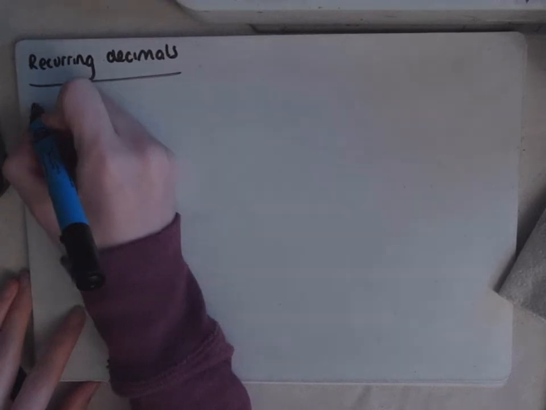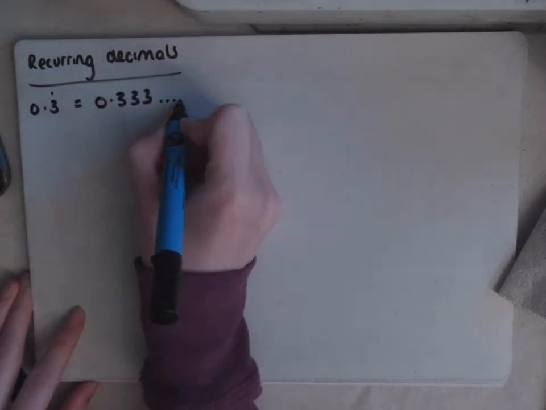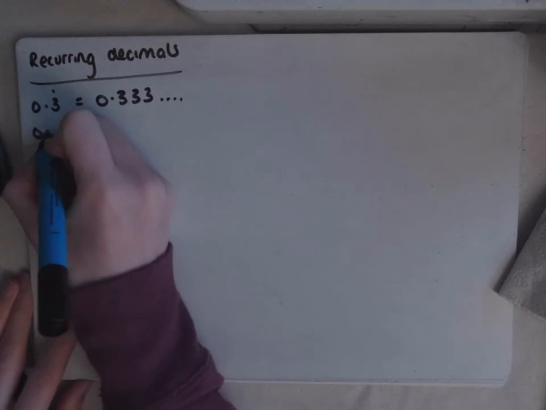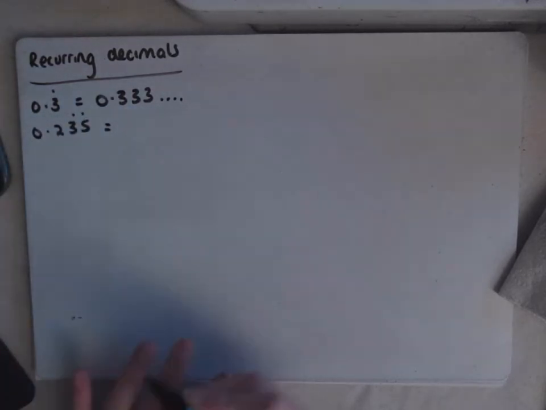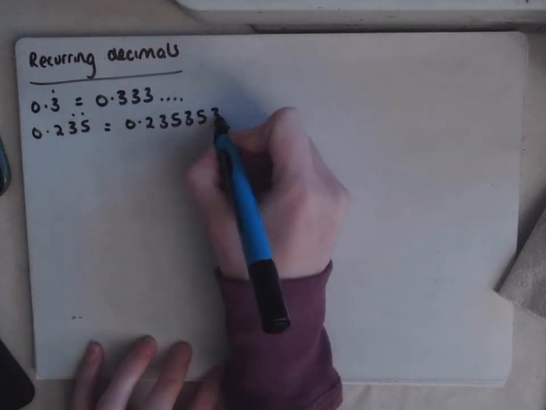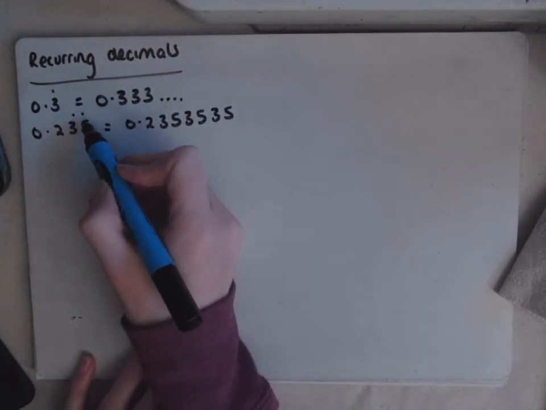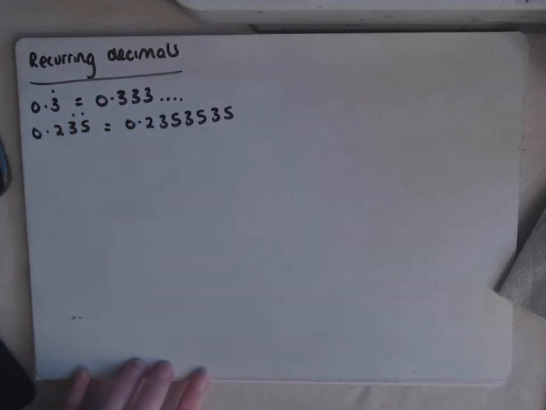For example, 0.3 with a dot above it means 0.333 and so on. 0.235 with a dot over the 3 and the 5 means 0.235, and then it repeats 3535. So this is the start and this is the end of the repeating pattern. You can throw it into your calculator and press S to D if you want to see.